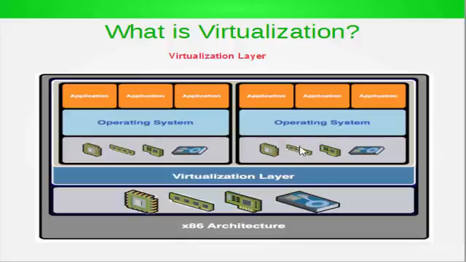For example, this one over here is Windows and this one over here is Linux. Each operating system of those is using a virtual RAM, a virtual hard disk, a virtual processor, and a virtual network card that are reserved from the original physical hardware.